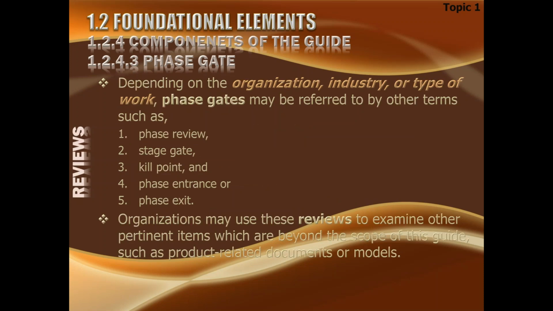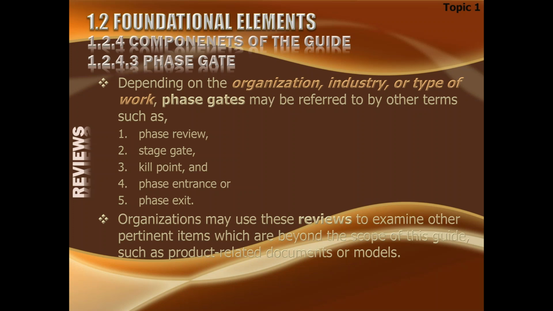Depending on the organization, industry, or type of work, phase gates may be referred to by other terms. You have many names for phase gates. Some people call them phase review. Some call them stage gate, because phase and stage are normally used interchangeably. Some people use the word phase, some people use the word stage.